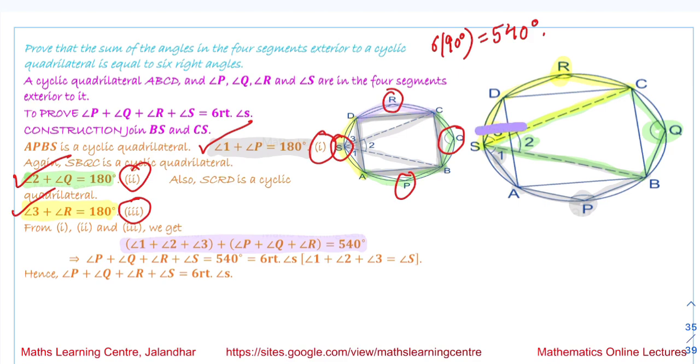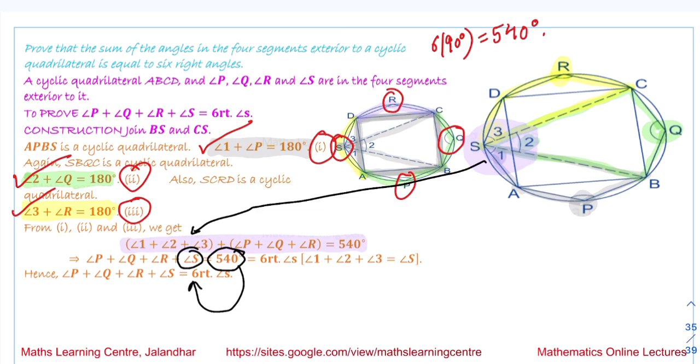Now look at angle 1 plus angle 2 plus angle 3. This whole angle is the angle S. So the sum of all these four angles is equal to 540 degrees, and 540 degrees is 6 times 90 degrees, that is 6 right angles.